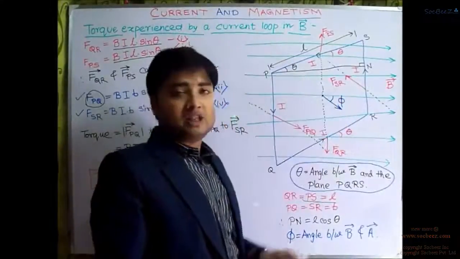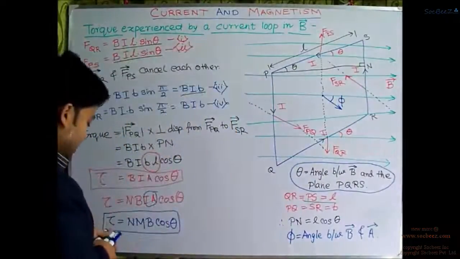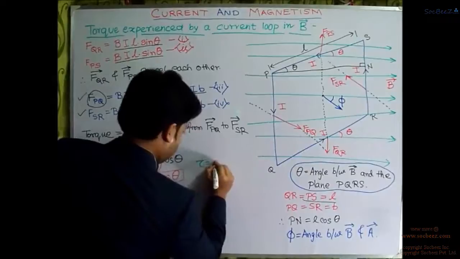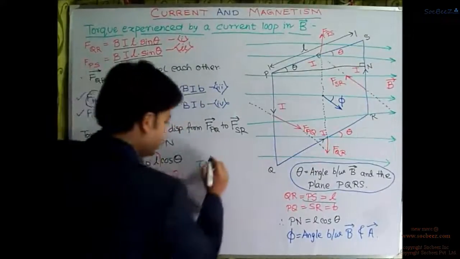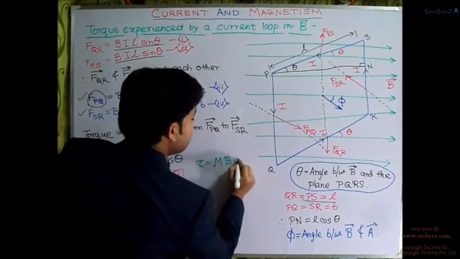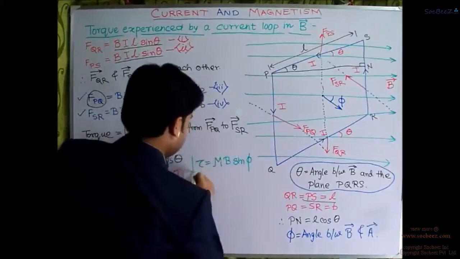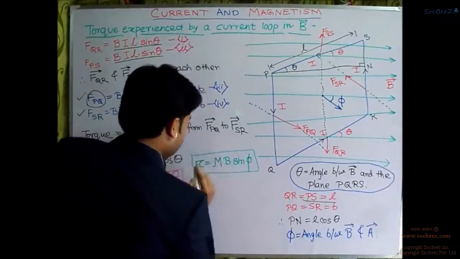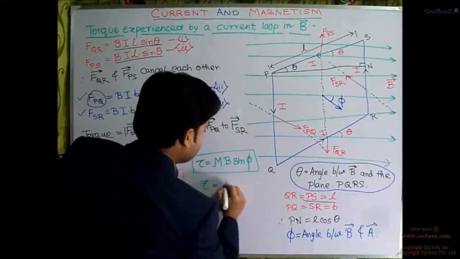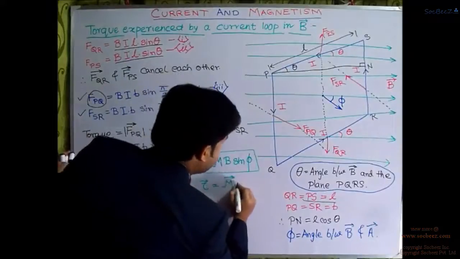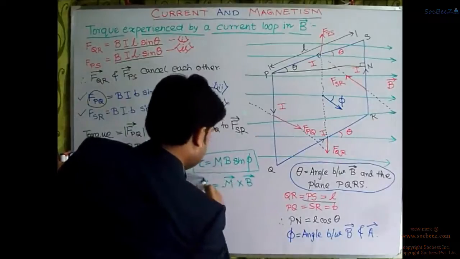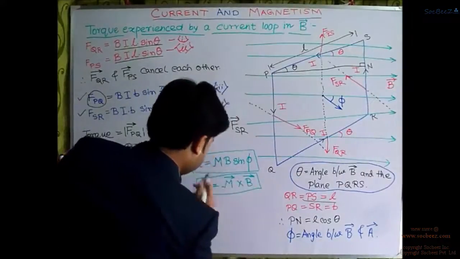If we use this phi, then we shall see that for a single loop, this torque will be equal to MB sin phi, or the torque is simply equal to the cross product of the magnetic dipole moment and the B vector.